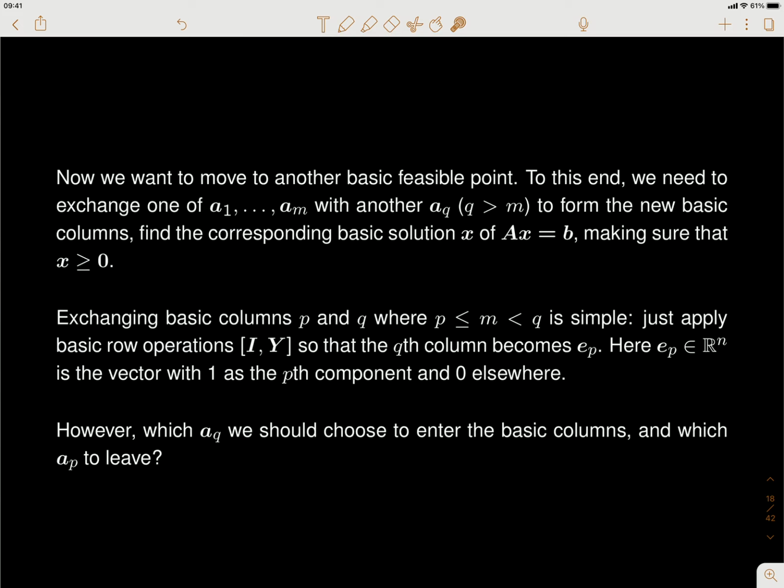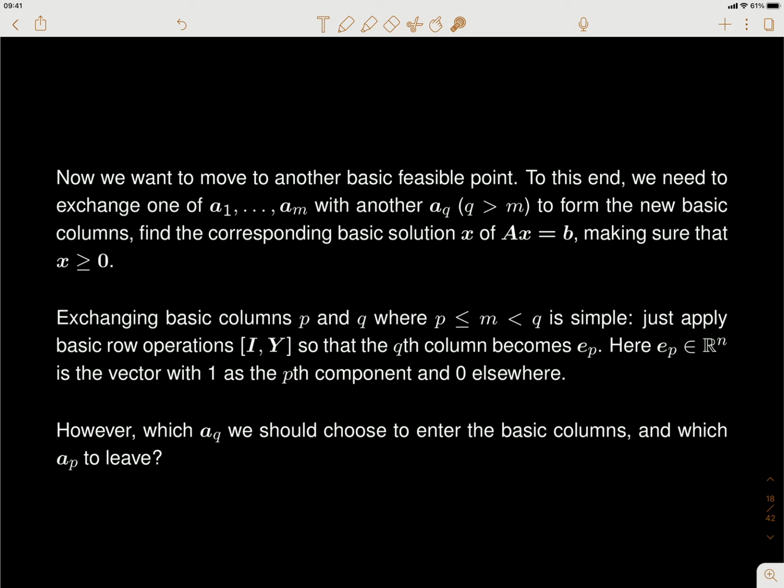Okay, so as we said, we temporarily assume that we're already at a basic feasible point. We're trying to move to another basic feasible point, or another vertex of the polyhedra. To move to another basic feasible point, we're going to change our choice of basic columns, because a basic feasible point corresponds to the basic columns.